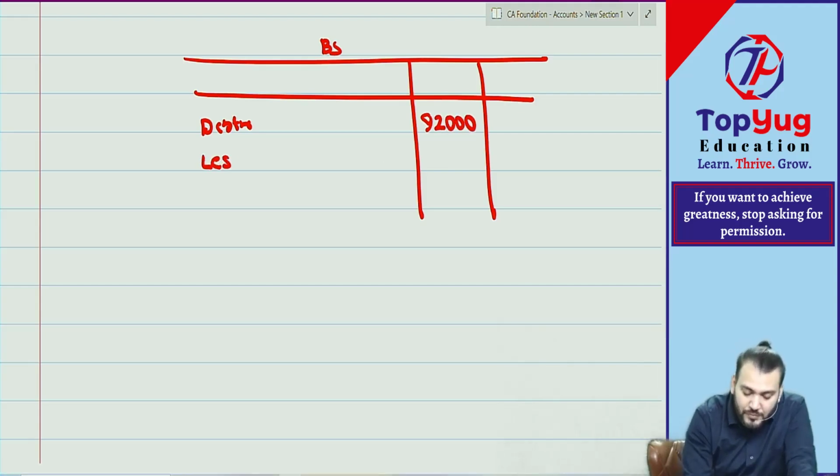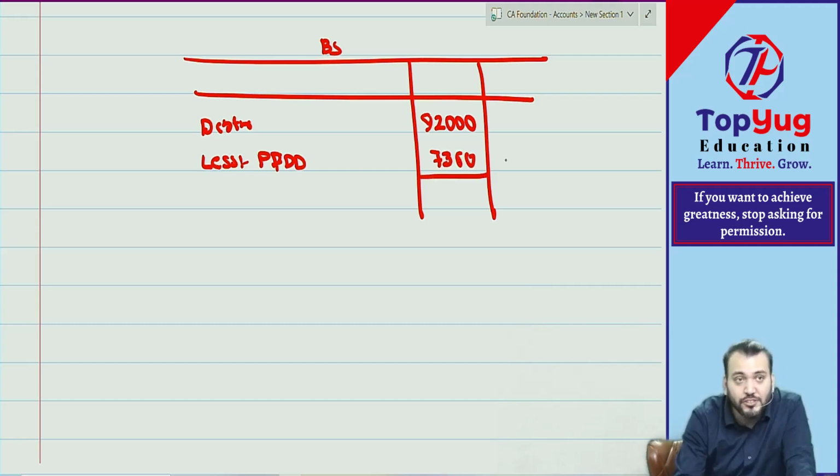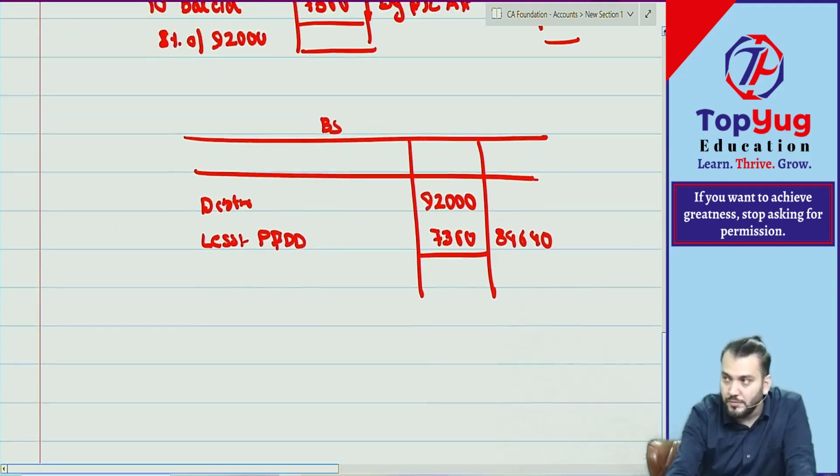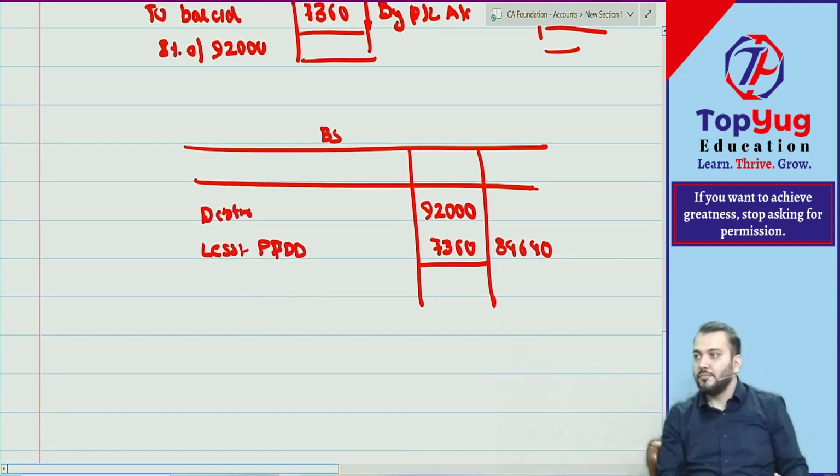Less provision for doubtful debt, how much? 7,360. So it becomes 84,640. Understood?